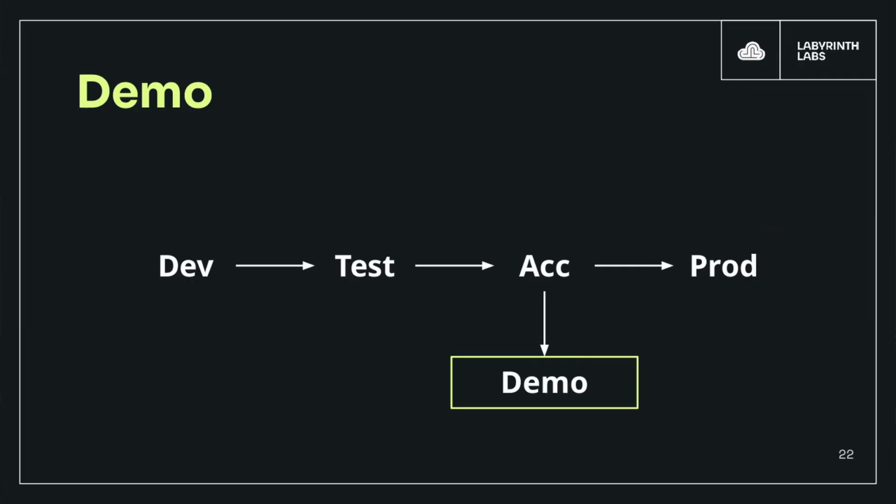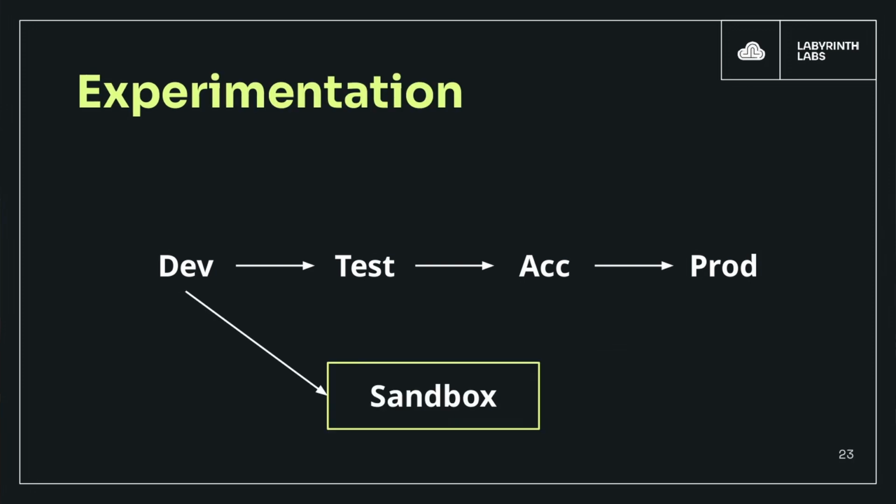Demo is another example. You can imagine that some salesman is showing the new features to the customers. He or she can deploy a feature environment from acceptance, and the acceptance environment is no longer blocked. Anyone can use it. Also, it can be used for experiments.